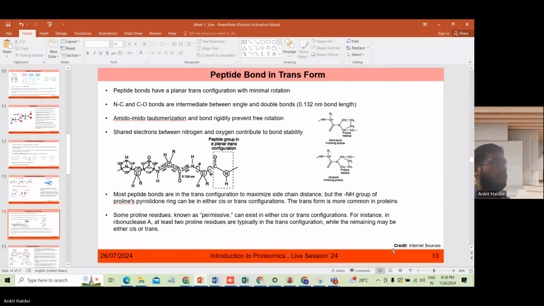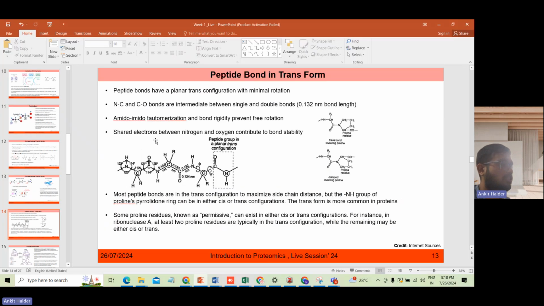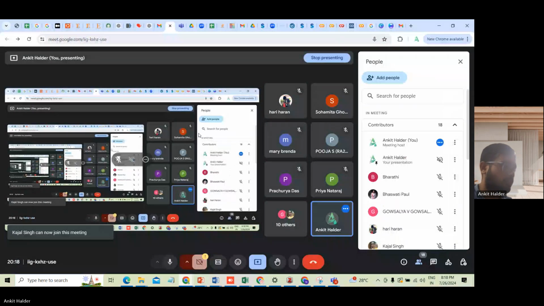So amido tautomerization and bond rigidity prevent the free rotation. So what is tautomerization? Anyone? We have used this term tautomerization. What is the meaning of that?